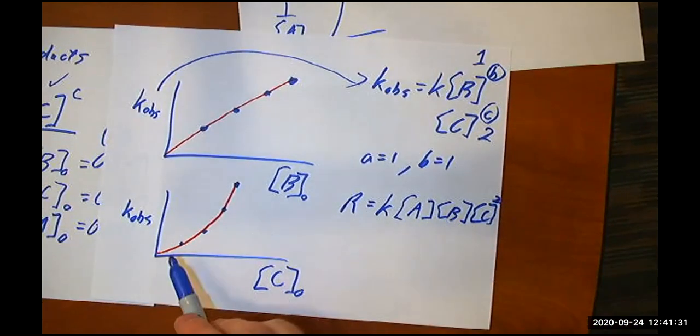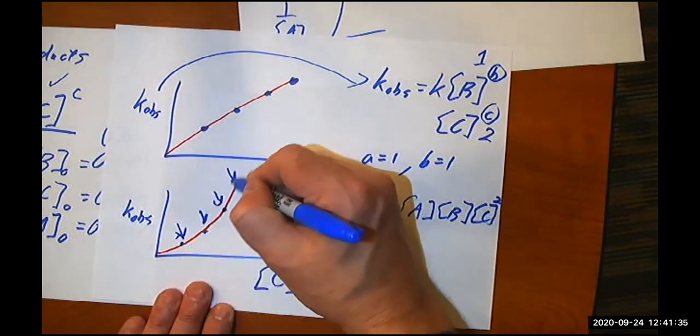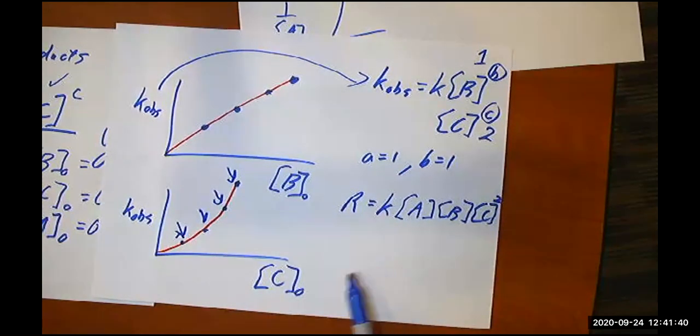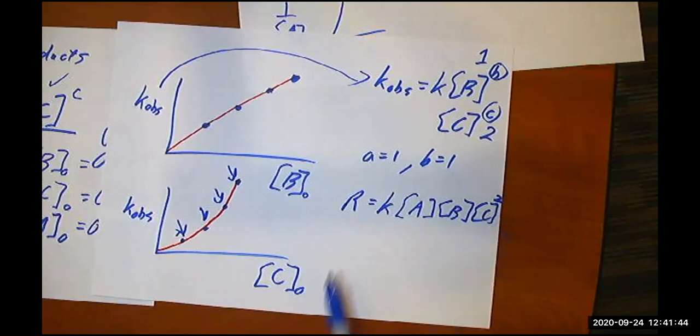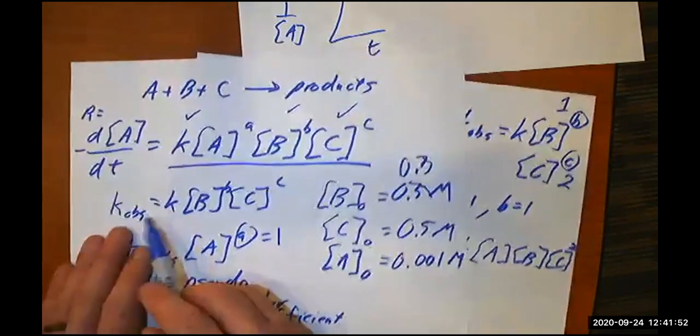And then for any of these data points, any of them, you can plug in the initial concentrations of everything. You can plug in the rate, and you can get K. Or actually, probably easier is you go to your K observed, because you have the K observed values already determined.